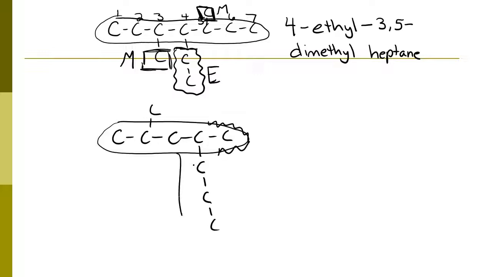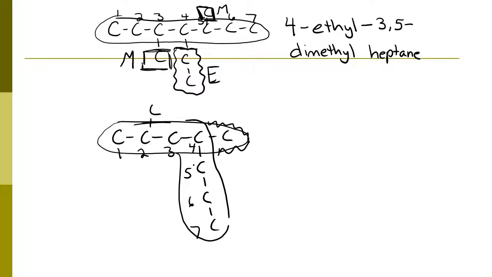Longest chain actually goes down here. That's kind of tricky, isn't it? If I number it, 1, 2, 3, 4, 5, 6, 7. Otherwise, it would have just had 5. Remember, they can zigzag back and forth.